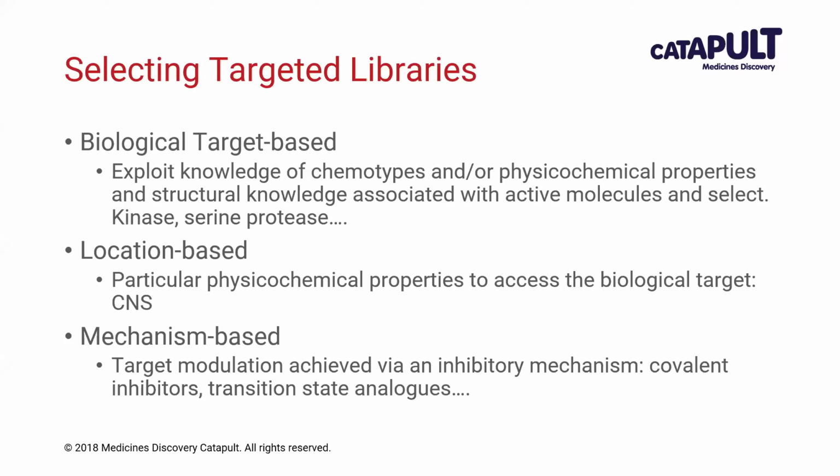Particularly in recent years, with the arrival of kinase inhibitors like ibrutinib and other BTK inhibitors, covalent modulators and inhibitors of proteins have enjoyed something of a resurgence in interest. So you might be looking for molecules that can covalently modify or modulate your target, or even things like transition state analogues. All these are ways in which you can enrich your libraries in particular properties.